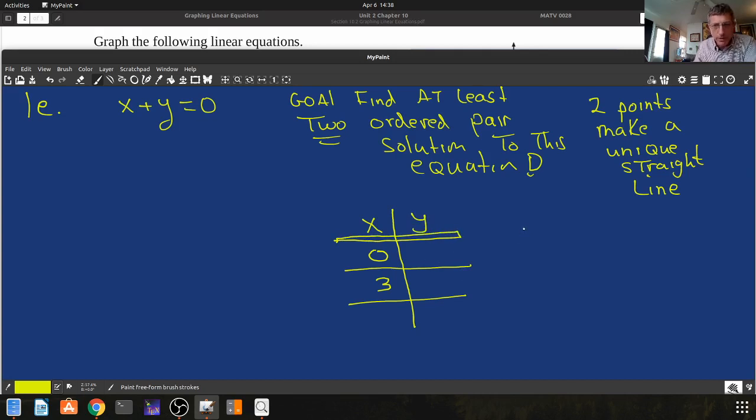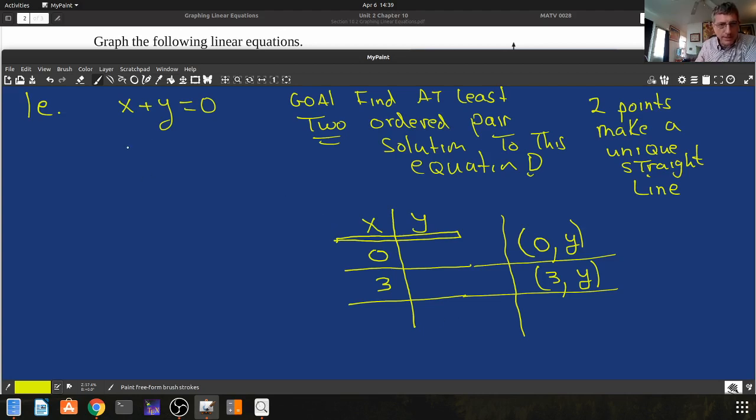So remember, this corresponds to, I'm giving you a value of 0, find the value of y. Down here, this corresponds to what we were doing earlier. I'm giving you the value of 3, find the corresponding value of y. And if you want, you can actually do another point. But we only need 2, so if our algebra is really good, we'll be done with 2.